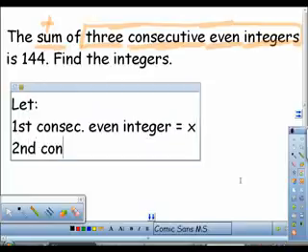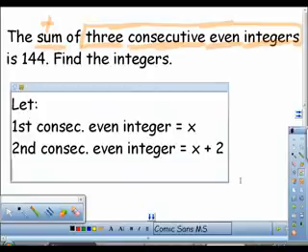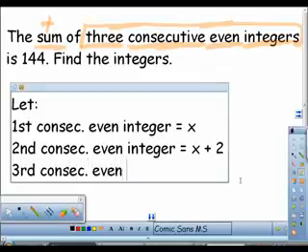I'm going to let my second consecutive even integer be what? x plus 2, because the pattern is even integers go up by 2. How many of them do I have this time? 3. So I need a third consecutive even integer. And if it goes up by 2, what do I have this time? x plus 4.